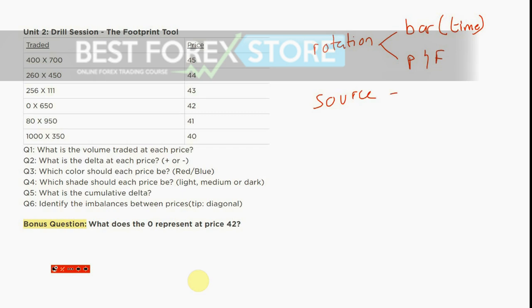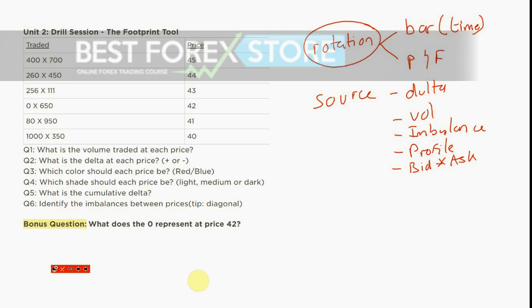The first obviously was the delta. The second was the volume. The third was the imbalance source. The fourth was the profile source. And lastly, we spoke about the most important one, which was the bid times ask source. Now, most importantly, guys, throughout this course and all the examples, we are going to utilize both sets of rotations for different strategies.